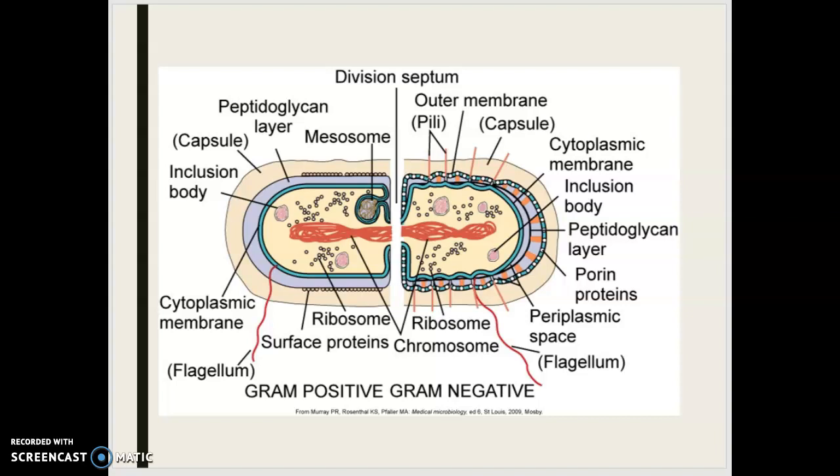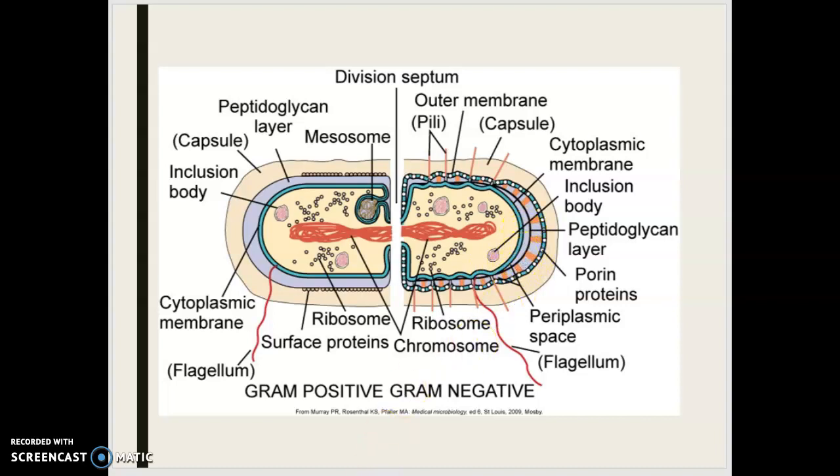If you look, you'll see this peptidoglycan layer. They have a more fatty membrane on the gram-positive, whereas the gram-negative doesn't have the same type of membrane, right?